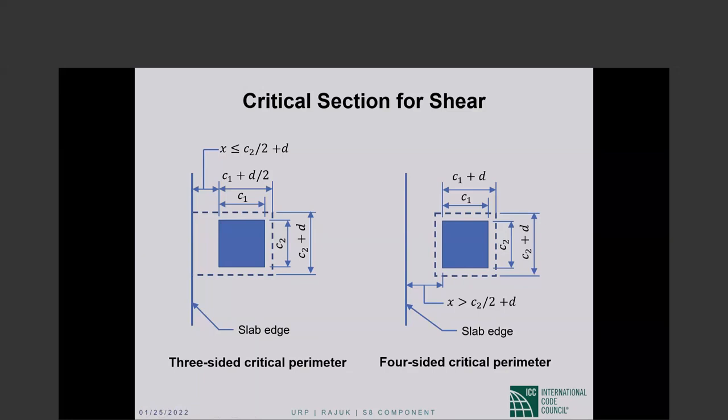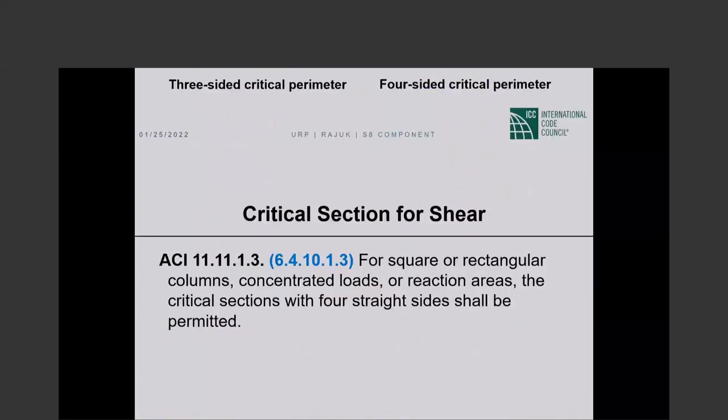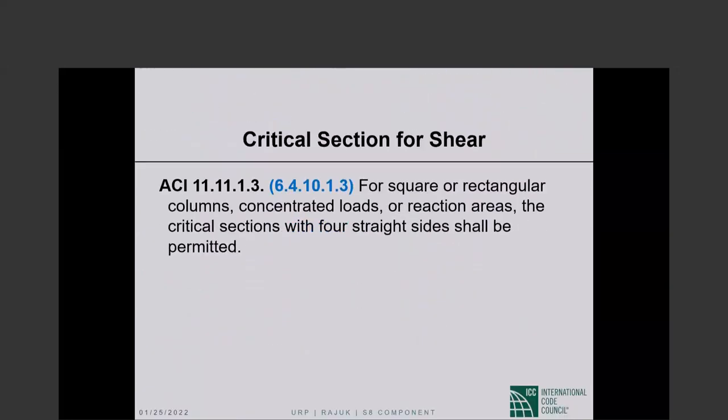Anyway, this is the only thing I could find where there is guidance as to when there are three faces or four faces to the critical section when your slab cantilevers beyond the edge. For square or rectangular columns, concentrated loads or reaction areas, the critical sections with four straight sides shall be permitted.